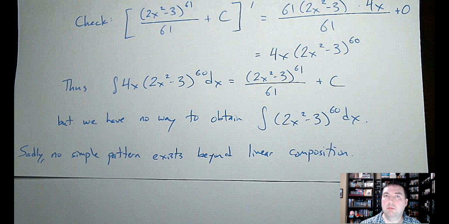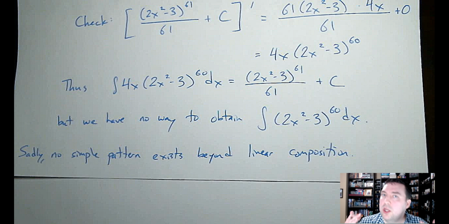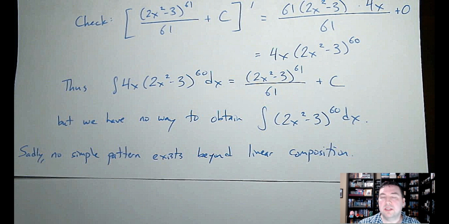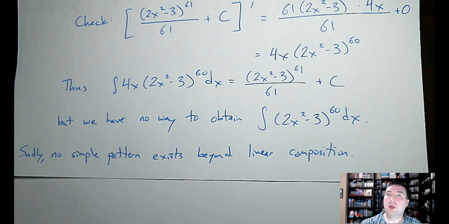And going back to the broader scenario, what about products and quotients, where we can't straightforwardly rewrite them so that they don't involve products or don't involve quotients? There's clearly a huge number of integrals here that we can't integrate, not based on the elementary techniques that we've introduced here in section 1.1.